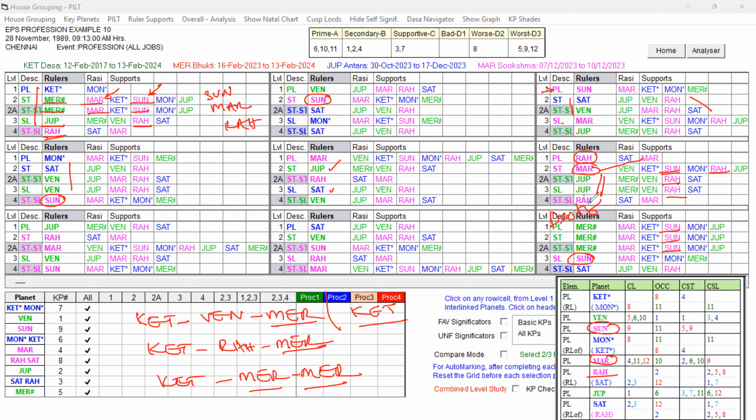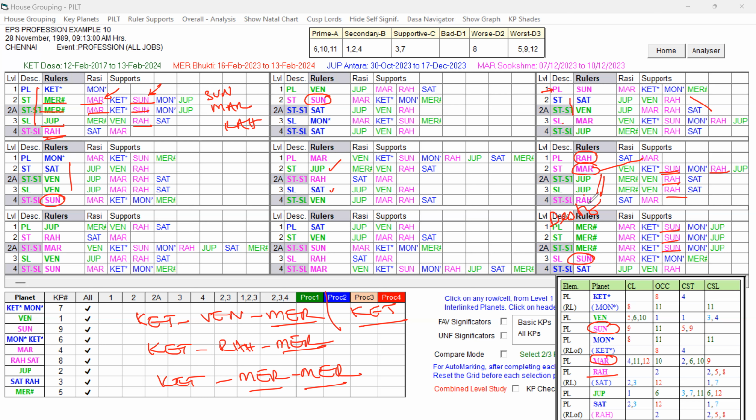The Sun and Mars play a role for Venus at the star level, for Rahu the Mars at the star level, and for Mercury the sub level is the Sun. Because of that, these planets combinedly gave the change of job during their period. I think you are able to understand the role of the key planets. We have given the colors based on our understanding, but based on the grouping, we can find which is better for trouble givers and which is better for change, right? So I think we are able to understand.